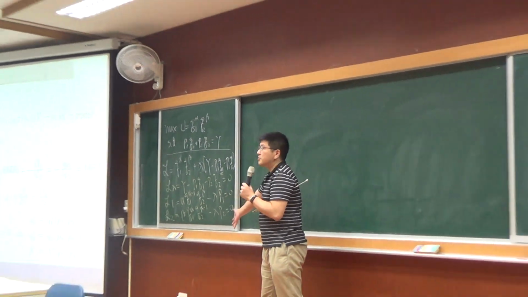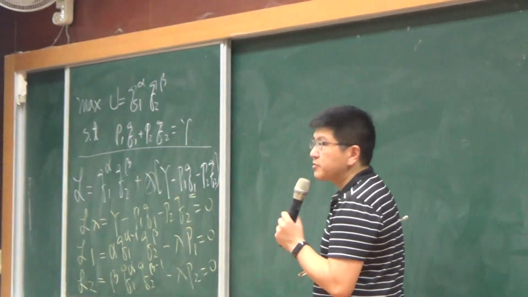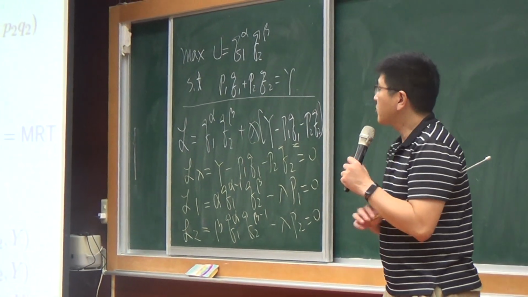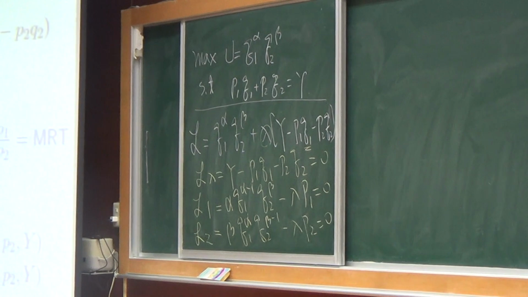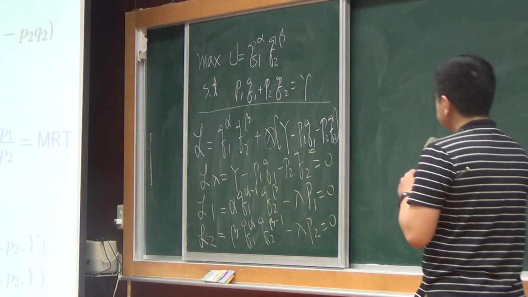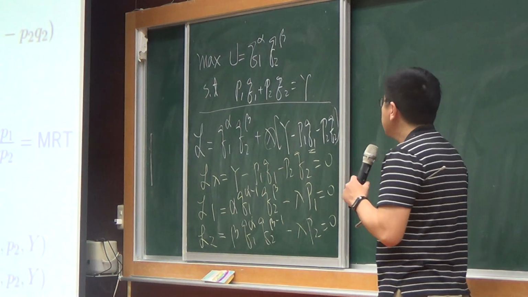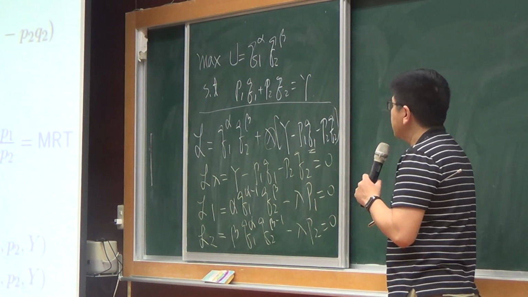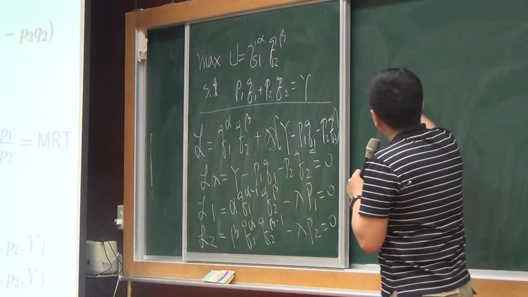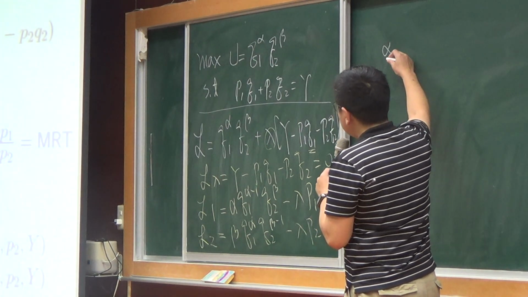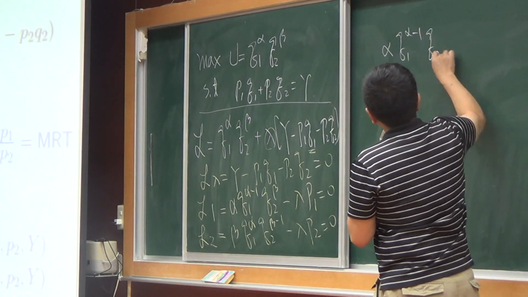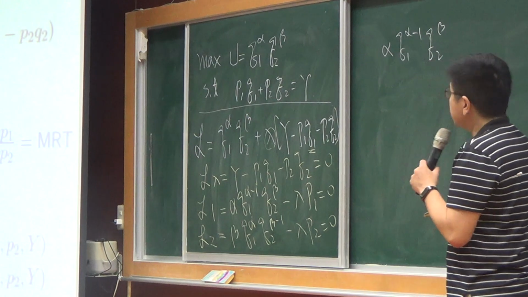Alright, so we have all the first order conditions, and then we want to solve what? We want to solve Q1 star, Q2 star, and lambda star. So we just take the last two, Lagrange 1, Lagrange 2, which would be alpha Q1 to the power of alpha minus 1, Q2 to the power of beta.